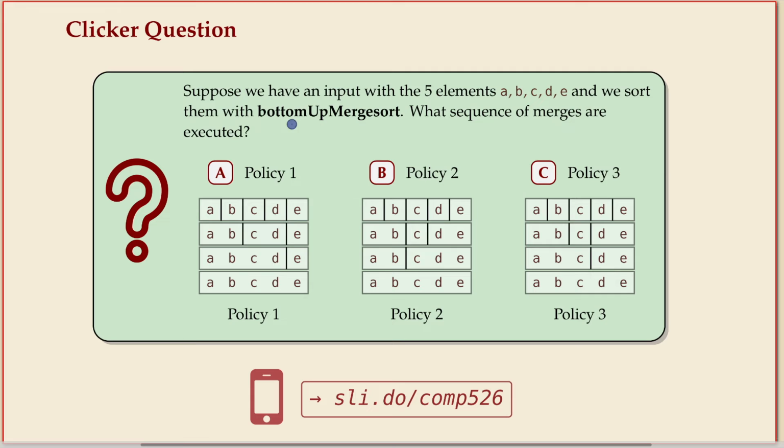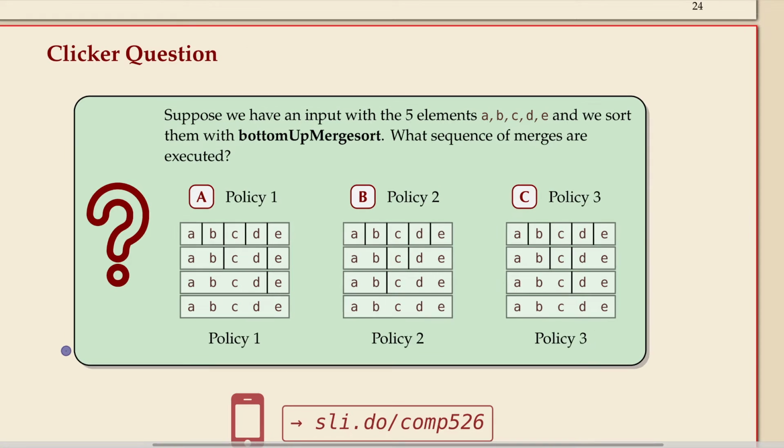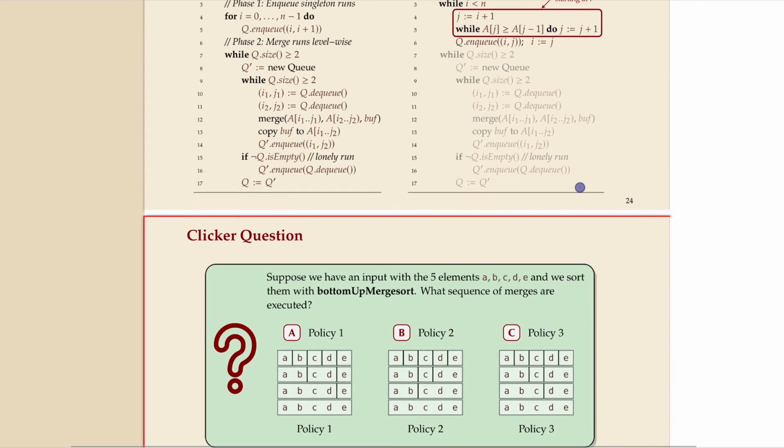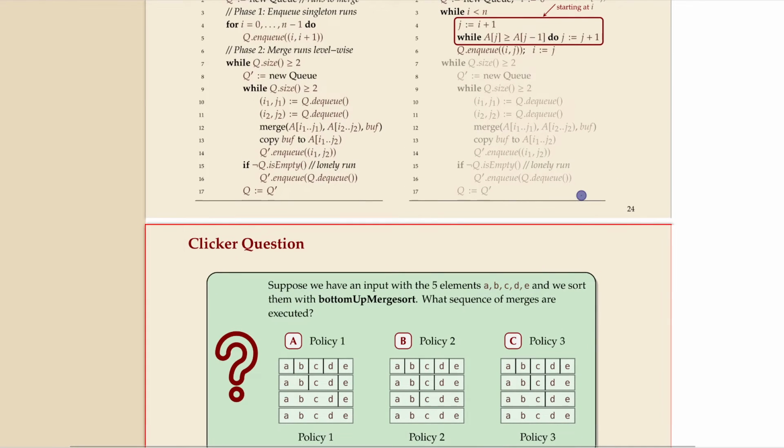So the standard bottom-up merge sort, in which way would it split those 5 elements? It might be better to try to get both on the screen again.